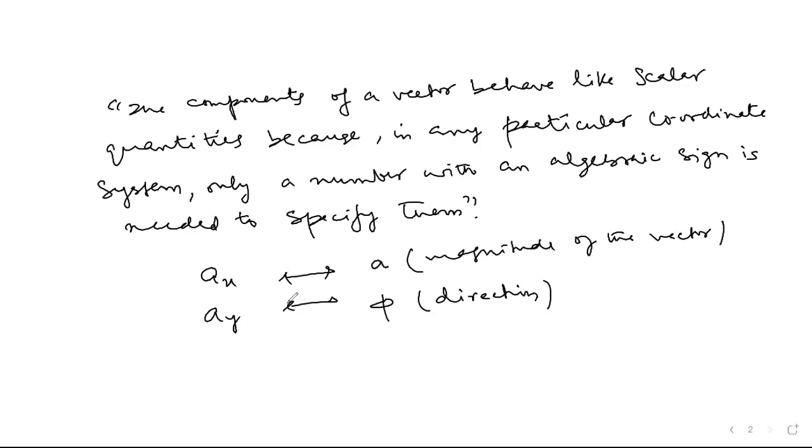Now we can pass back and forth between the description of a vector in terms of its components ax and ay, and the equivalent description in terms of magnitude and direction, that is A and phi.